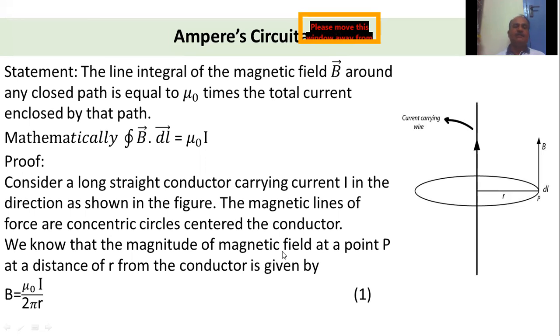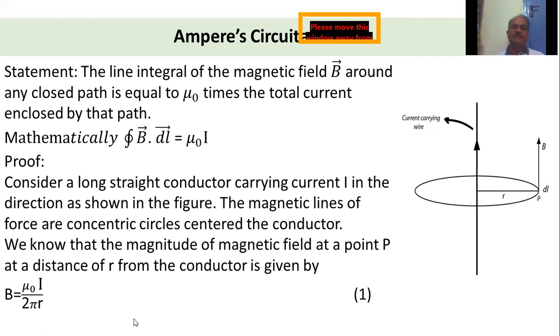Then the magnetic field due to this closed path is nothing but the closed integral or the line integral around the path, and that will always be equal to mu naught times the current flowing through that closed path. So the proof of this Ampere's circuital law is done like this.